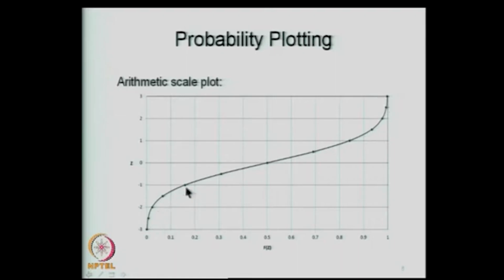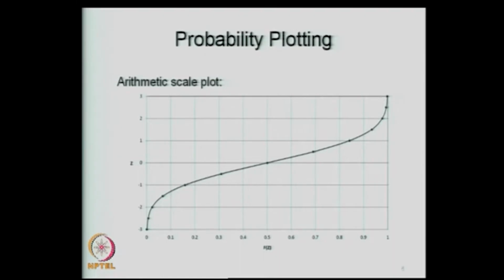And this is a nonlinear curve, and z equal to 0 corresponds to F of z of 0.5. Normal distribution being a symmetric distribution, we have a symmetric curve plotted on the arithmetic paper.